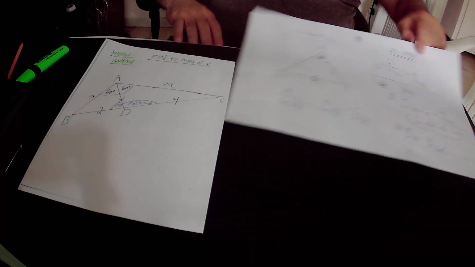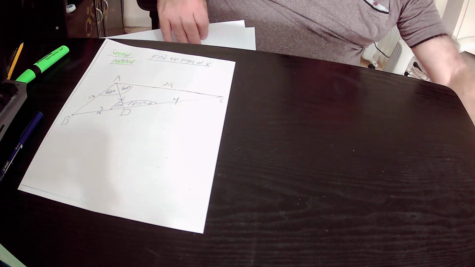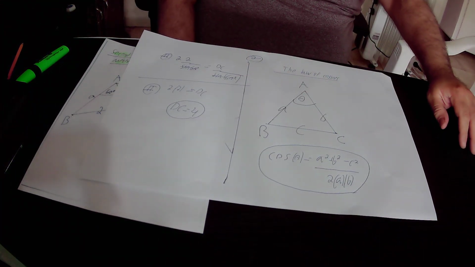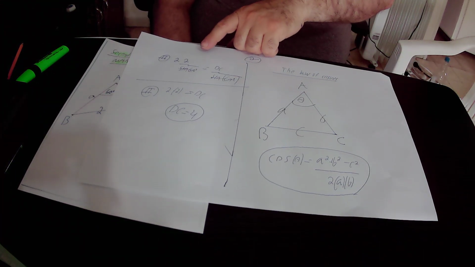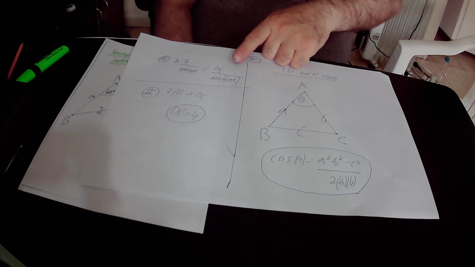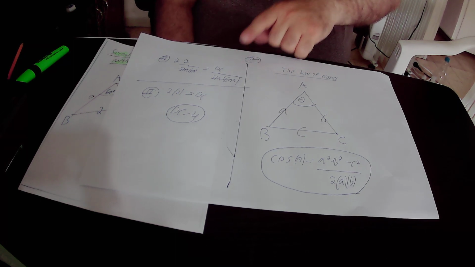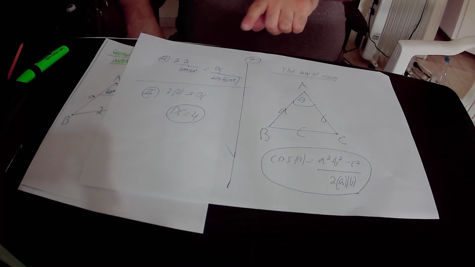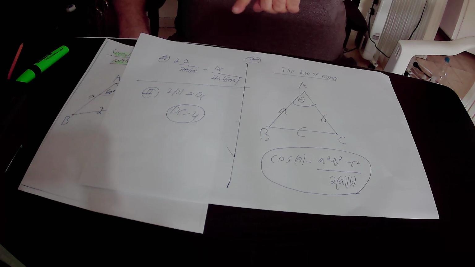We did it, and we got that 2 times 2 over sine 60 degrees equals DC over sine 60 degrees. We have sine 60 degrees on both sides of equation number 2, so sine 60 degrees will get cancelled. And we are left with 2 times 2, which is equal to DC.